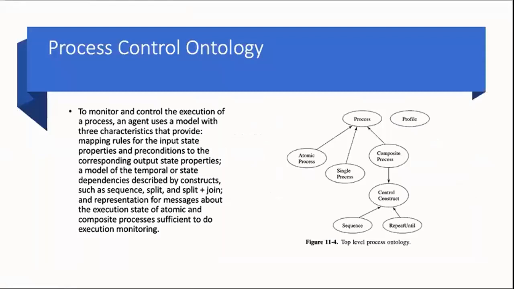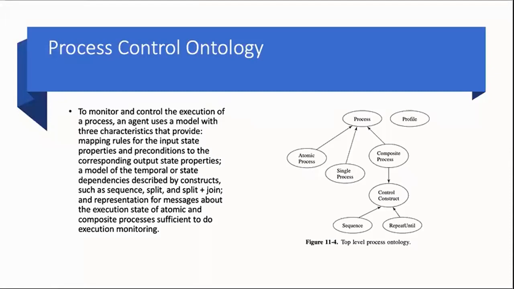Process control ontology. To monitor and control the execution of a process, an agent uses a model with three characteristics that provide mapping rules for the input state properties and preconditions to the corresponding output state properties.